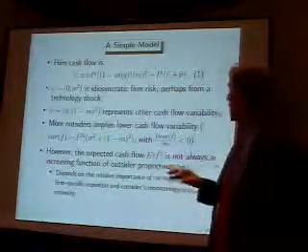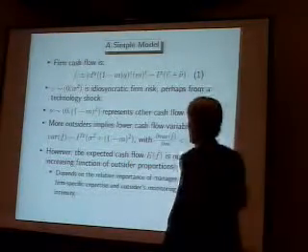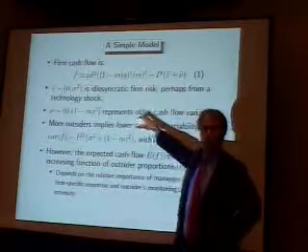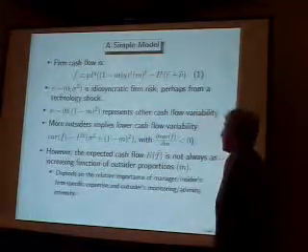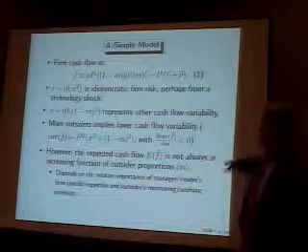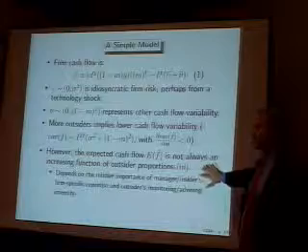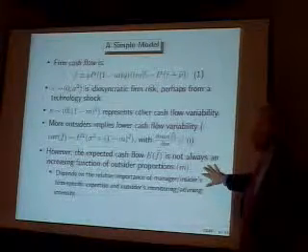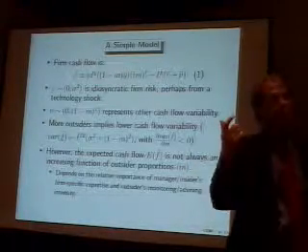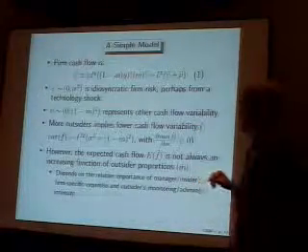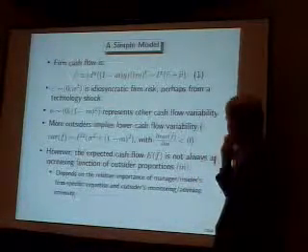That's where board monitoring comes in. More outsiders implies lower cash flow volatility through this avenue. But it is clear, looking at the functional form, that expected cash flow is not always an increasing function of outsider proportions, because insiders' firm-specific knowledge can affect the productivity of the CEO.